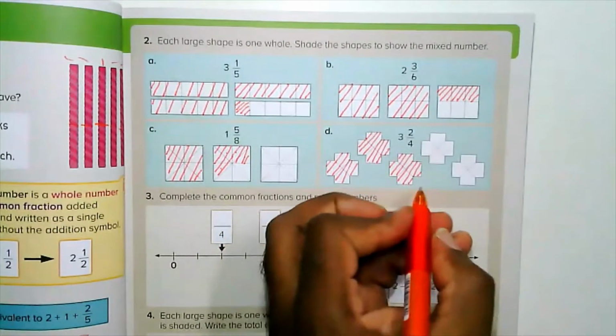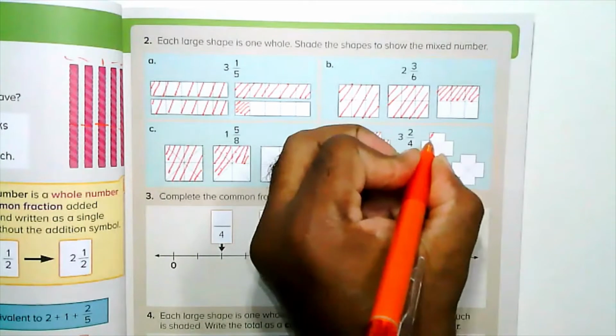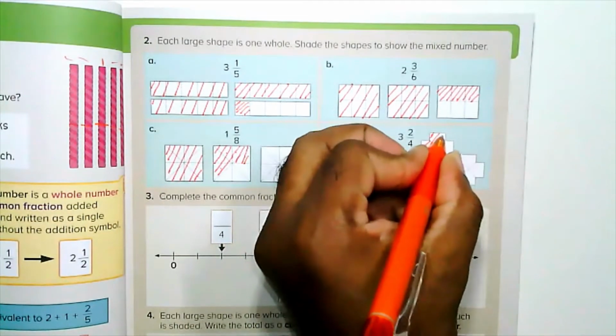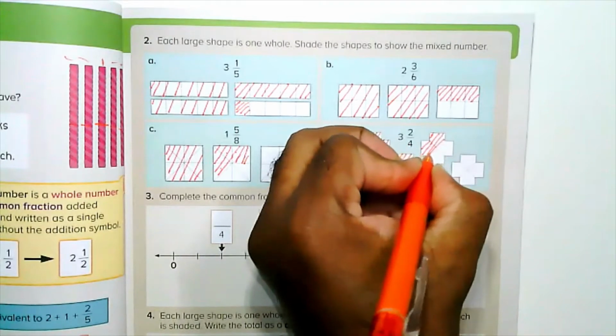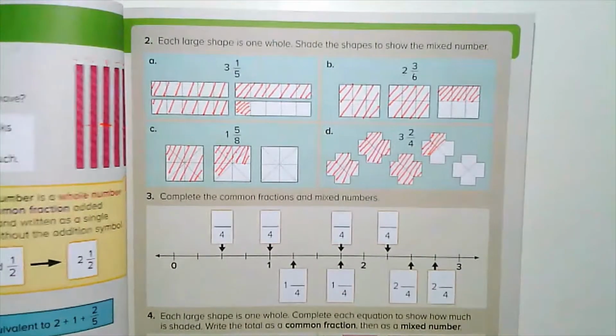Three whole number, then we have 2/4. So we shade 1, 2. There you have it, folks. Now let's go on to number 3.